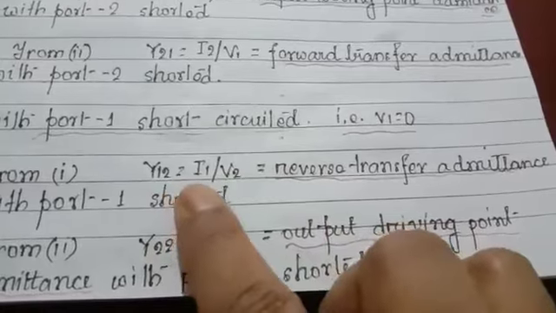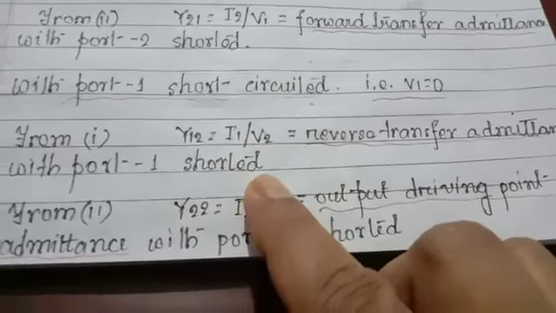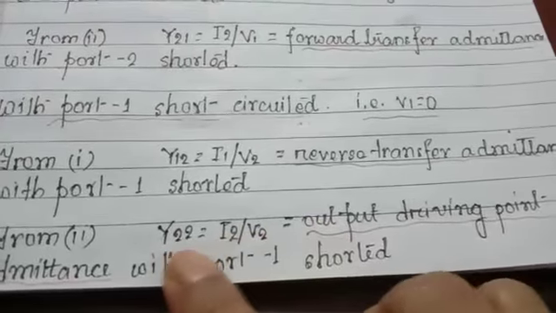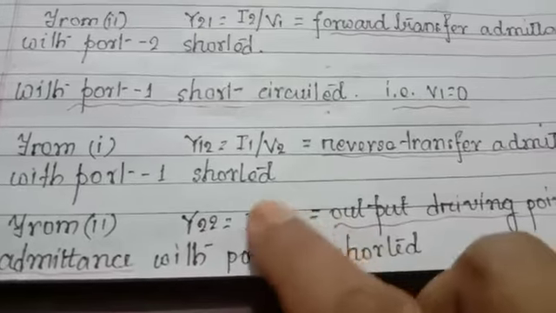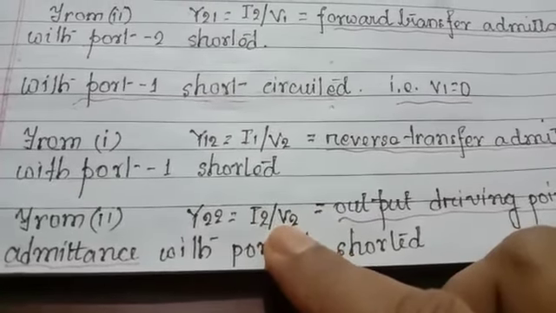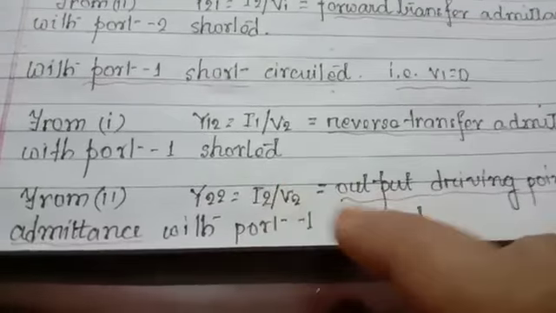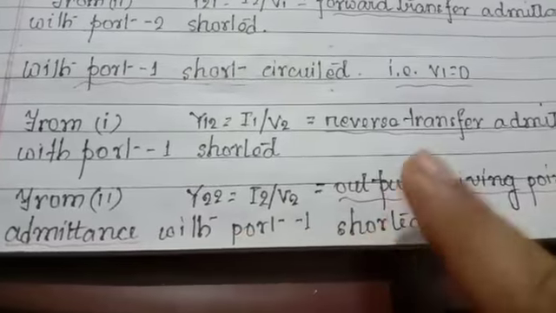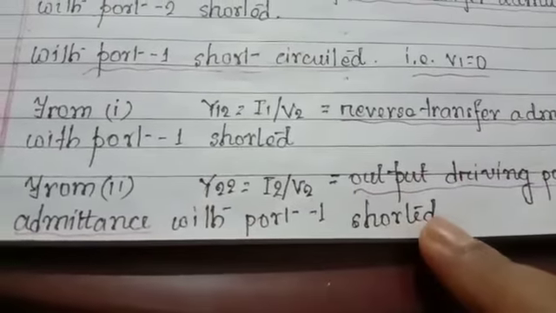This is defined as the reverse transfer admittance with port 1 shorted, and this is defined as the output driving point admittance, because both of these quantities involve the current and voltage of the output port. So it is the output driving point admittance with port 1 shorted.